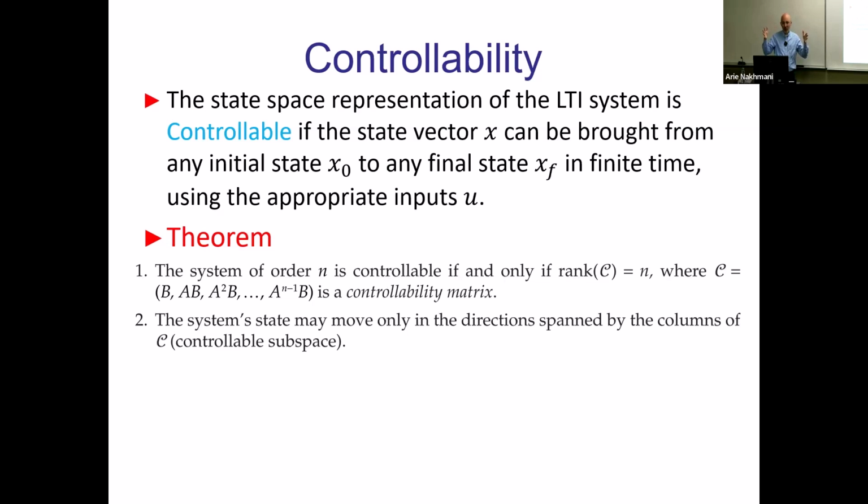If rank is full, which is n, then the system is controllable. You can do whatever you want with it. You can design controllers that move your poles anywhere you want. If it is not full rank, then you cannot do that, and we will deal with that later. What can we do still with that type of system?